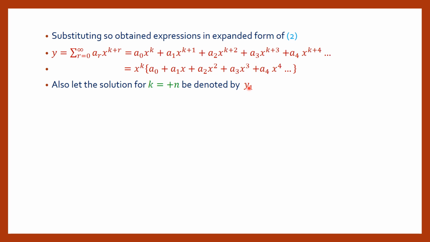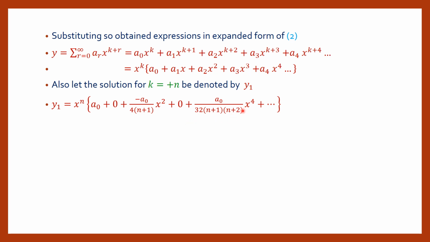So y1 equal to x power n, because k is taken as n, a0 plus a1x, a1 is 0, so plus 0, plus a2x square, a2 is minus a0 by 4 into n plus 1, x square, plus a3 is 0, plus a4, a4 is a0 by 32 into n plus 1 into n plus 2, x power 4, plus etc.